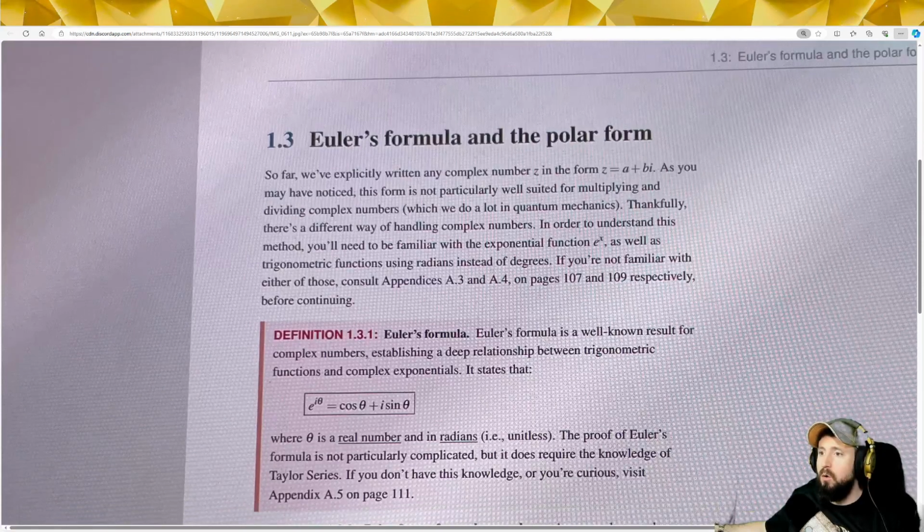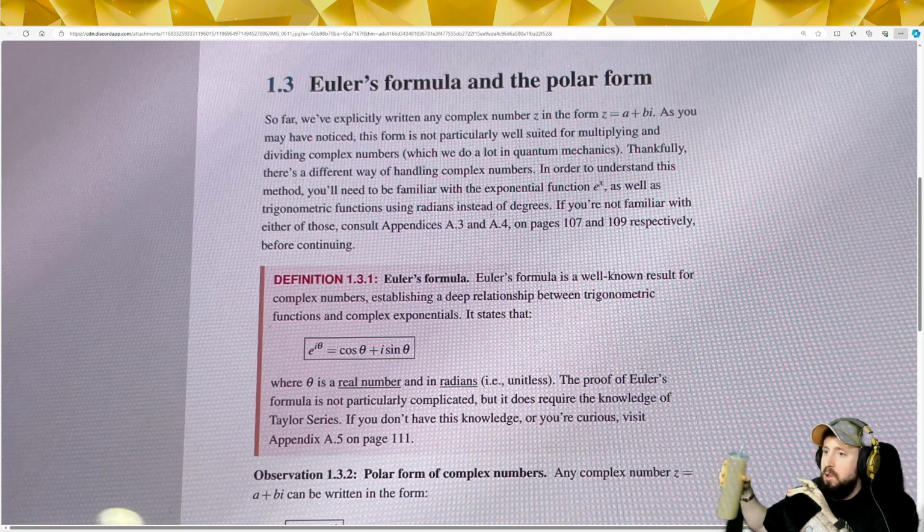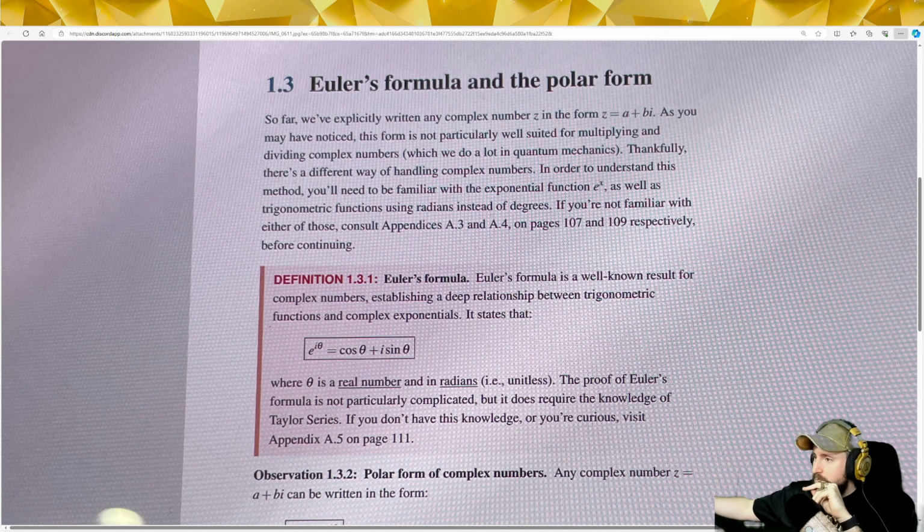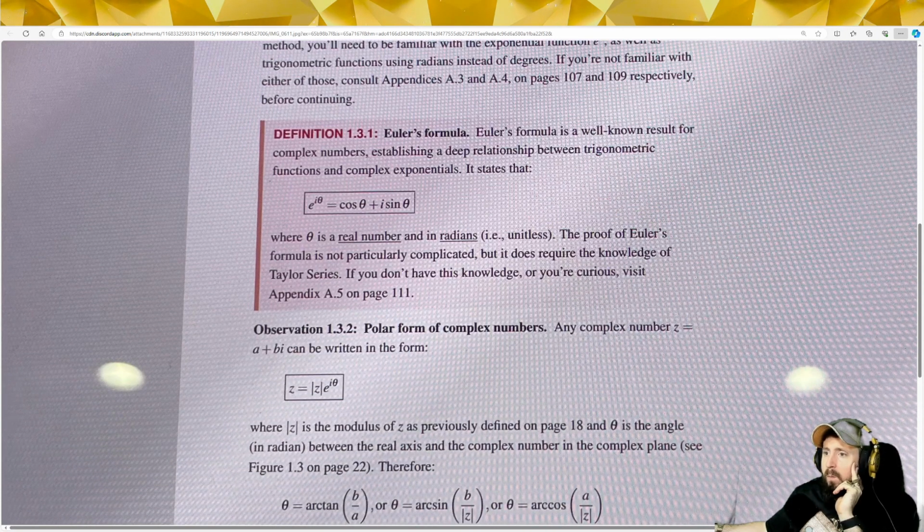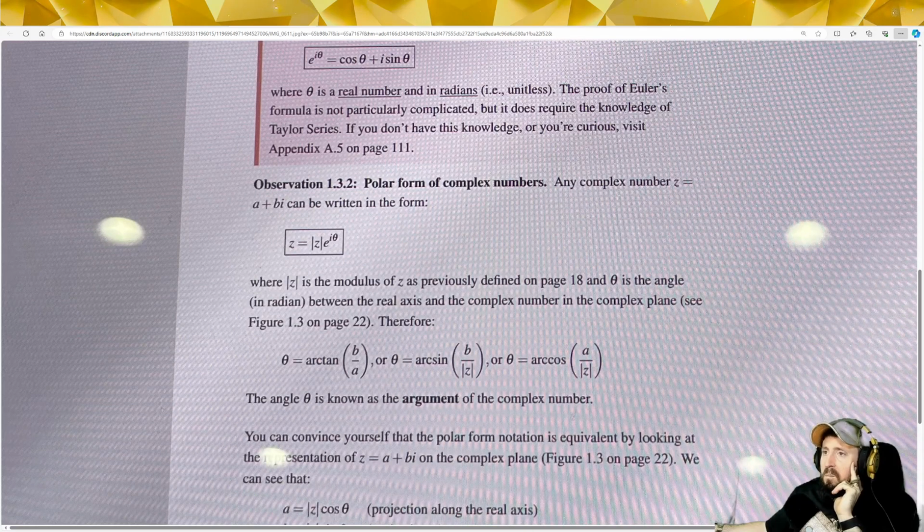Yeah, this is cool. Euler's formula. This is how you can represent complex numbers in polar form, a to the b i.